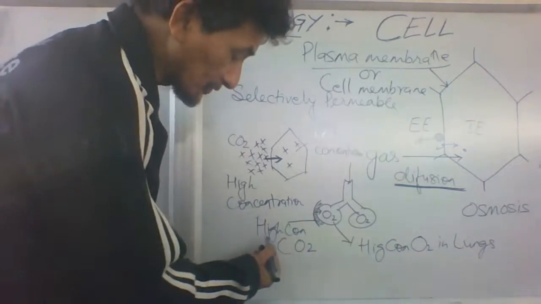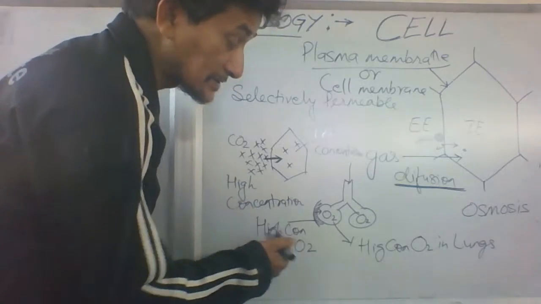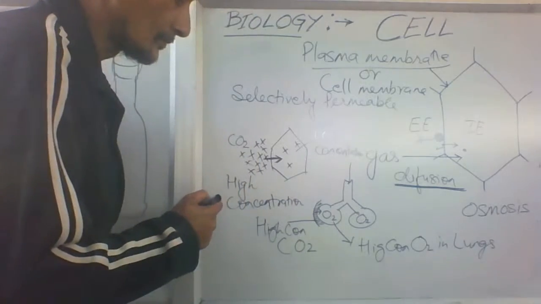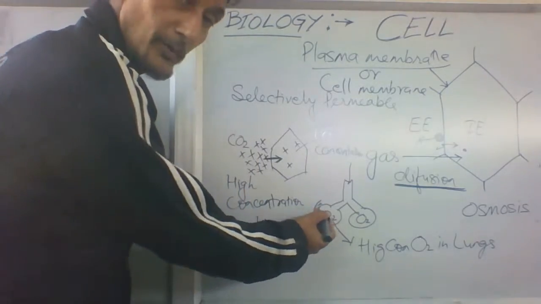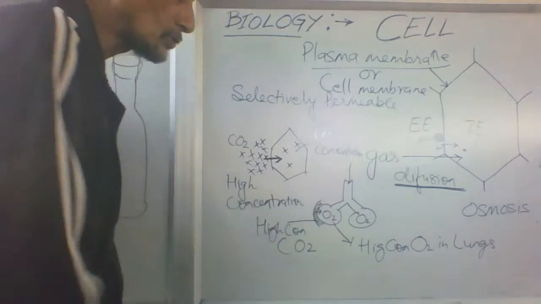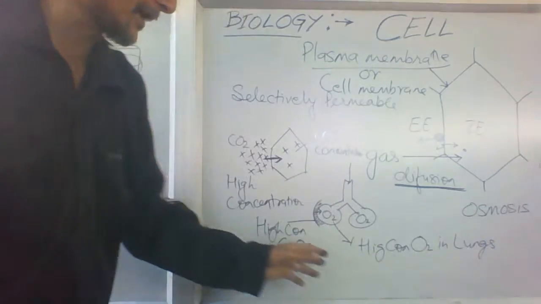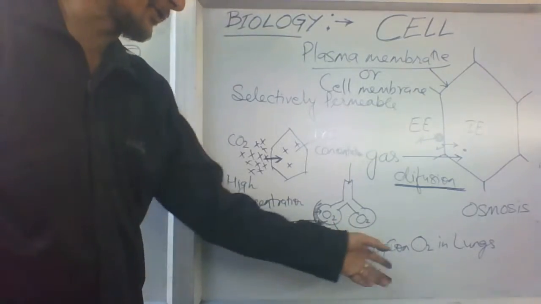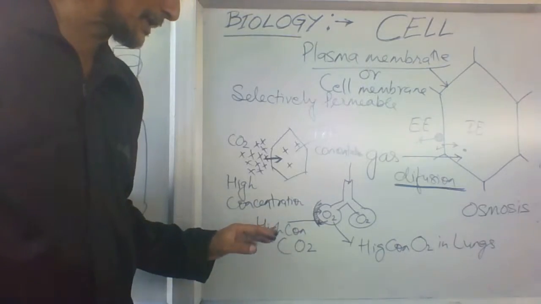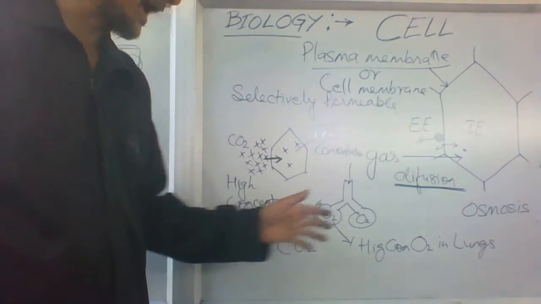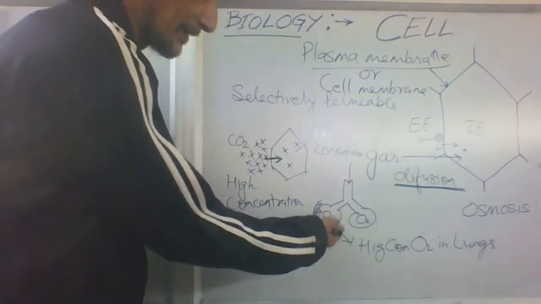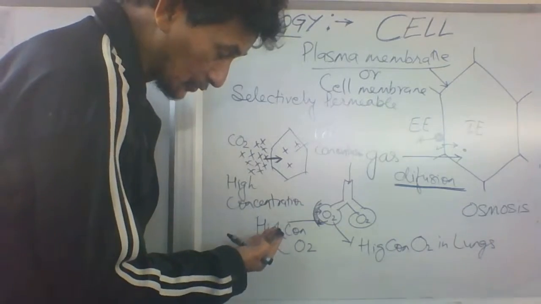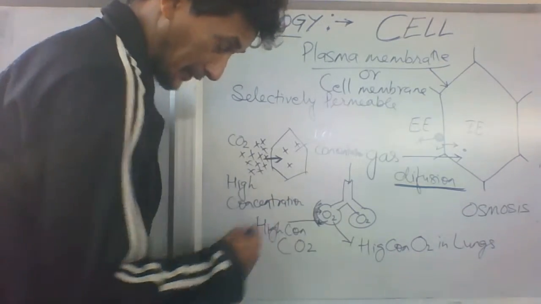So CO2 rushes into the lungs from its higher concentration to the lower, and the O2 from its higher concentration in the lungs rushes into the blood vessel. In the blood vessel, the concentration of O2 is less and the concentration of CO2 is more. So from the higher concentration of oxygen, from the lungs, it rushes into the blood vessels, and high concentration of CO2 from the blood vessels rushes into the lungs.